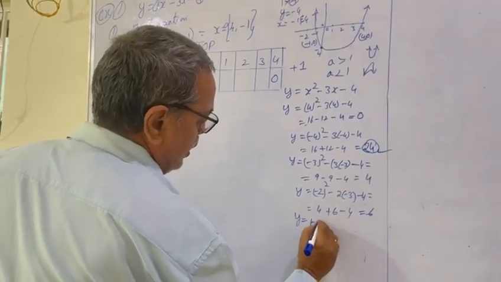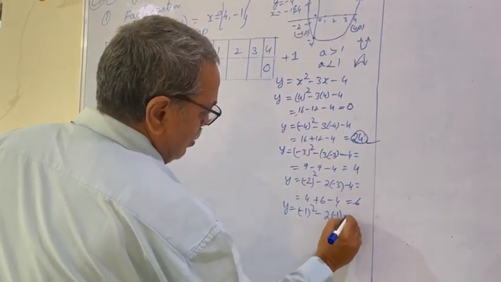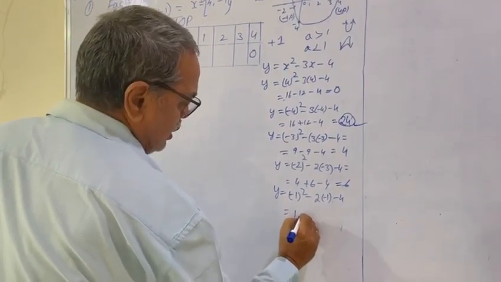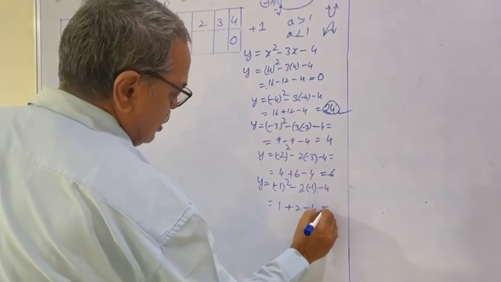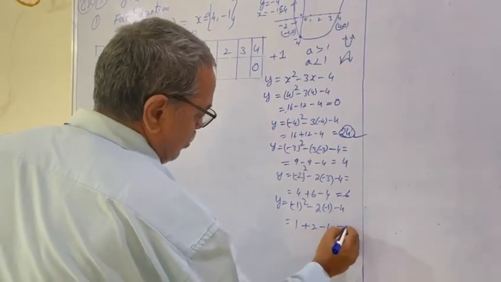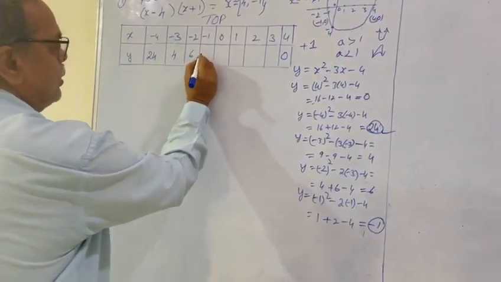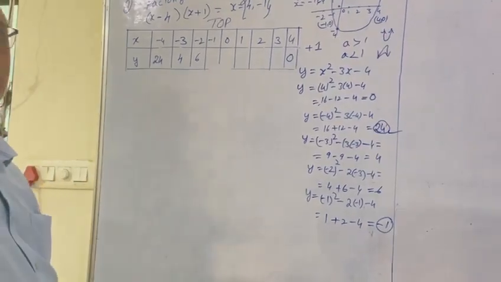Minus 1 whole square minus 3 into minus 1 minus 4 is equal to 1 plus 3 minus 4, which is 0. For minus 1, the answer is 0. Is it true or not?